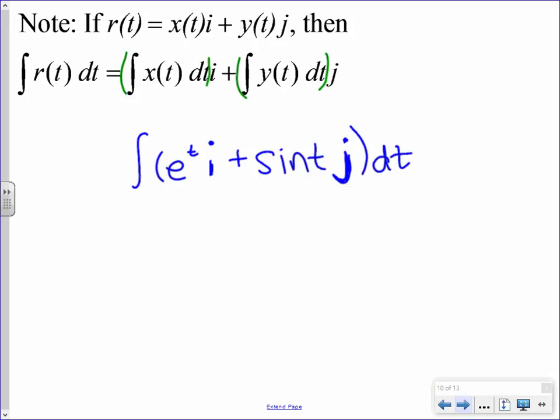Okay, so if I'm asking you to take the antiderivative of a vector valued function, then essentially what I would like you to do is take the antiderivative separately.